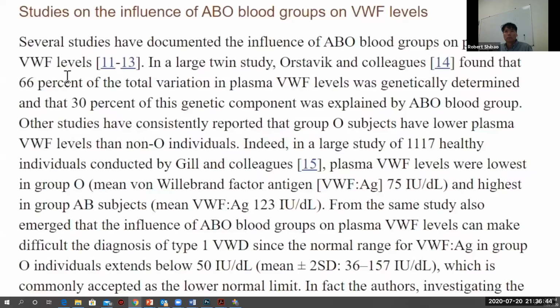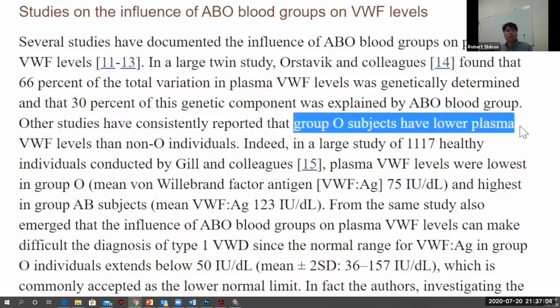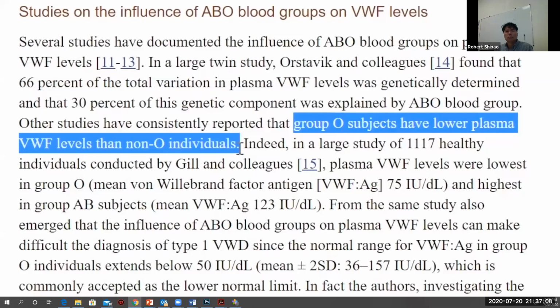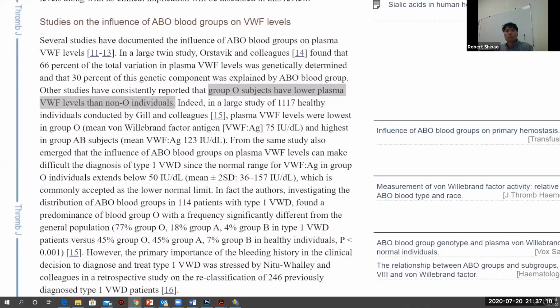In a large twin study, they found that 66% of the total variation in plasma von Willebrand factor levels was genetically determined, and that 30% of this genetic component was explained by the ABO blood group. Other studies have consistently reported that, and here it is, Group O subjects have lower plasma von Willebrand levels than non-O individuals.